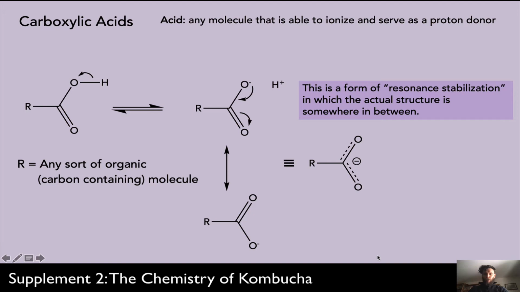It's in this resonant form, or this equilibrium back and forth, where the two oxygens are sort of co-sharing that single negative charge. So neither bond is exactly a double bond or a single bond. The reality is it's somewhere in between. Both of those CO bonds are like 1.5 bonds, if you want to think of it that way. Anyways, that's the carboxylate ion, and this is why carboxylic acids happen, because they are particularly stable.